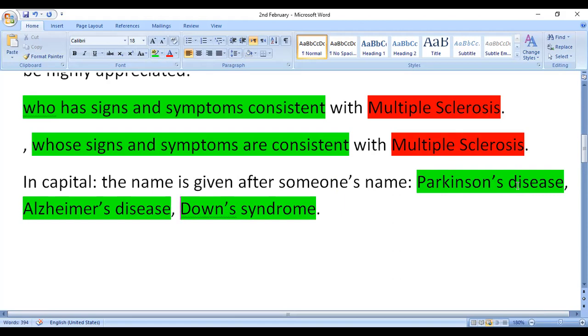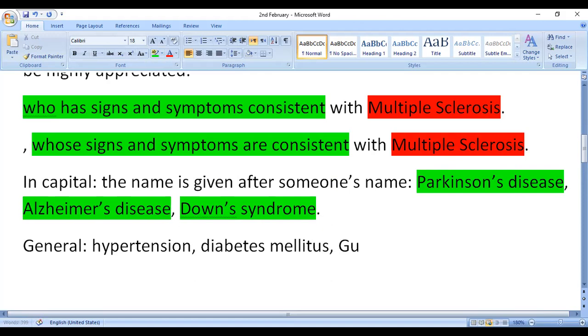If the names are general, common names like hypertension, diabetes mellitus, Guillain-Barré syndrome, then we write them in small.